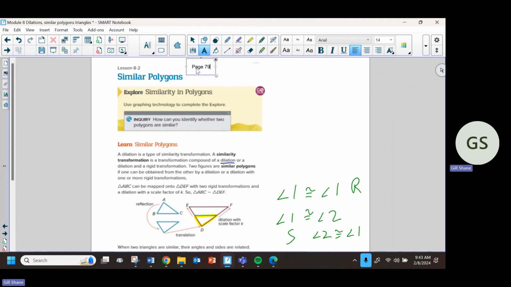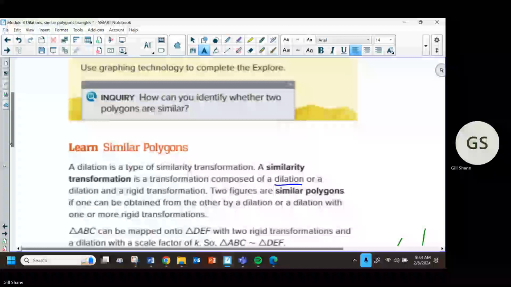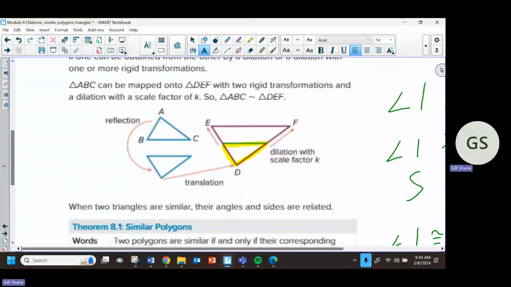Or they give you one that says, if I take an original image, ABC, and do some combination of transformations, so in this case, they flipped it. So what is a flip? They reflected it.